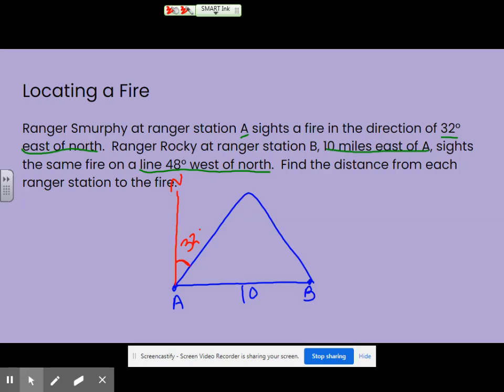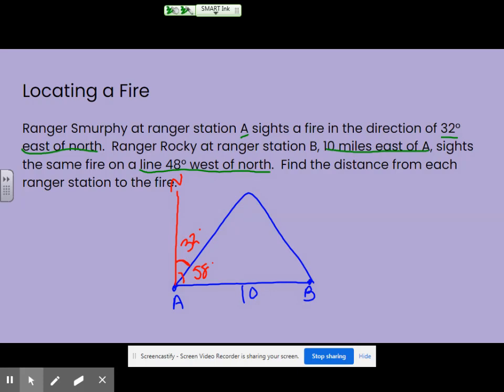That's cool, but it doesn't help us find our exact angle within the triangle. But if you remember the idea of complementary, or the fact that this is a right angle, I'm able to subtract that 32 degrees from 90 in order to get 58 degrees. Cool. We know one of our angles inside.